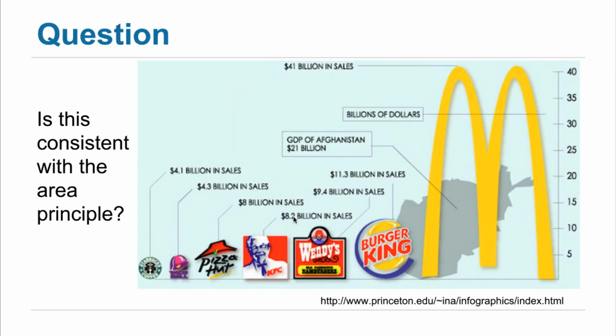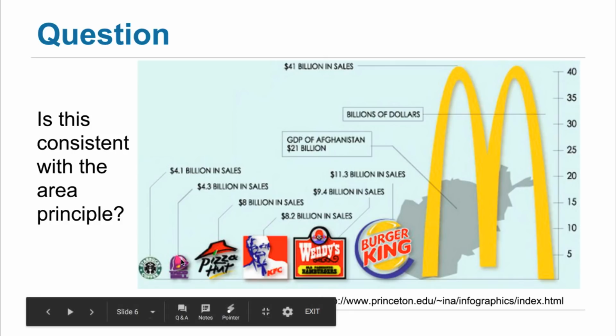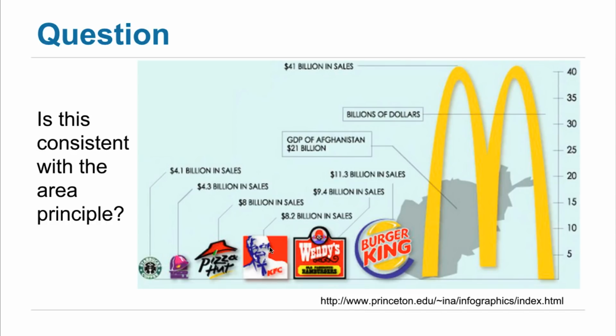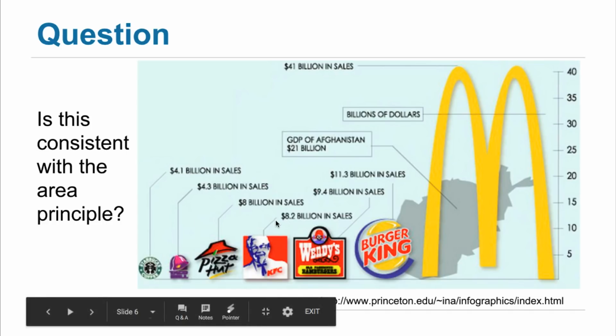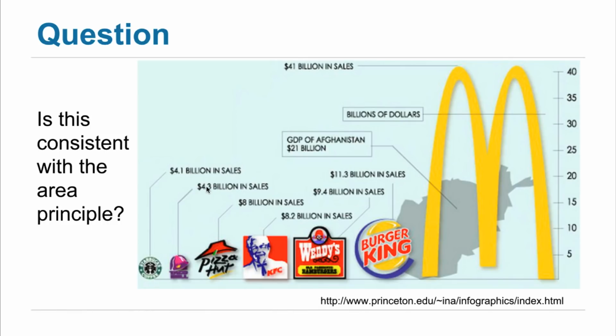The picture doesn't say that to me though. The logo, this logo, if I take it and imagine it going here, I can fit more than 2 of them in here. So the area of this KFC logo is more than twice the area of the Taco Bell logo, whereas the number 8.2 is not quite twice the number 4.3 for Taco Bell.